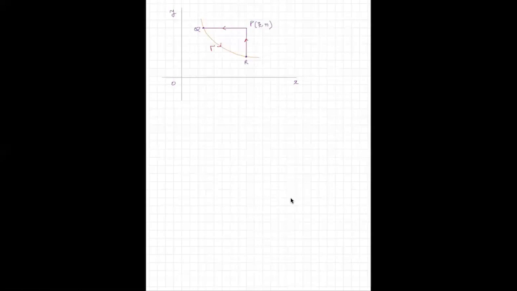So gamma, as I show you here, is a smooth curve, and x and y are the characteristic coordinates. The tangent to gamma is nowhere parallel to these coordinate axes.